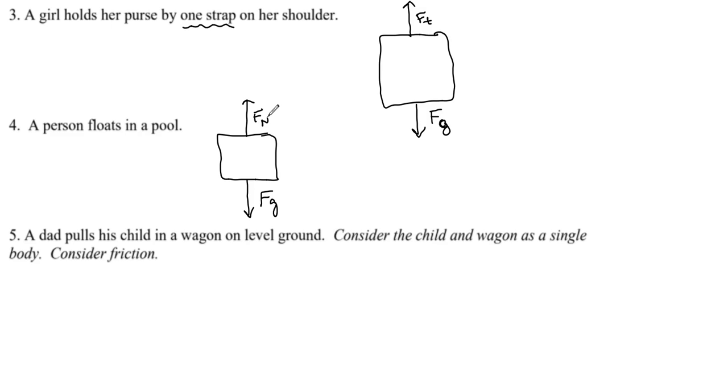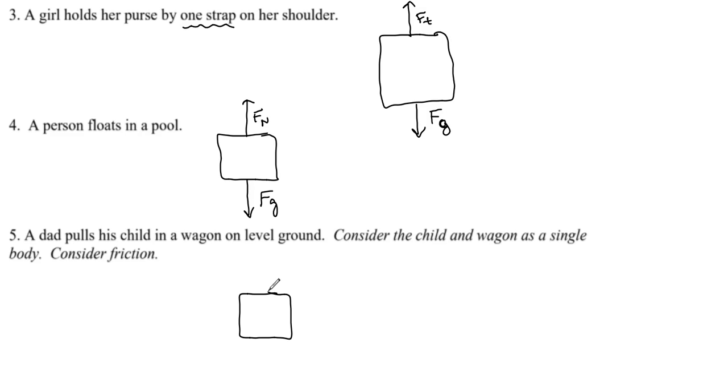Now for number 5, we have a dad pulls his child in a wagon on level ground. Consider the child and the wagon as a single body. And then it says consider friction. So this is the child inside the wagon. So the child inside the wagon is just one body put together.